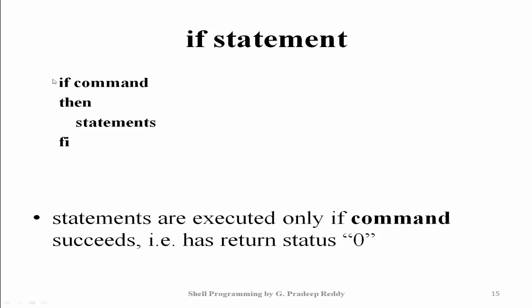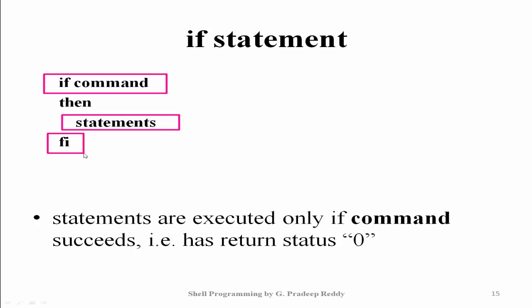Here if is a conditional statement. You check whether the condition is true, then it is going to execute the statements. Once the statements are executed, if ends with fi. In other languages it does not end with fi, but in the case of shell script, if is ended with fi.